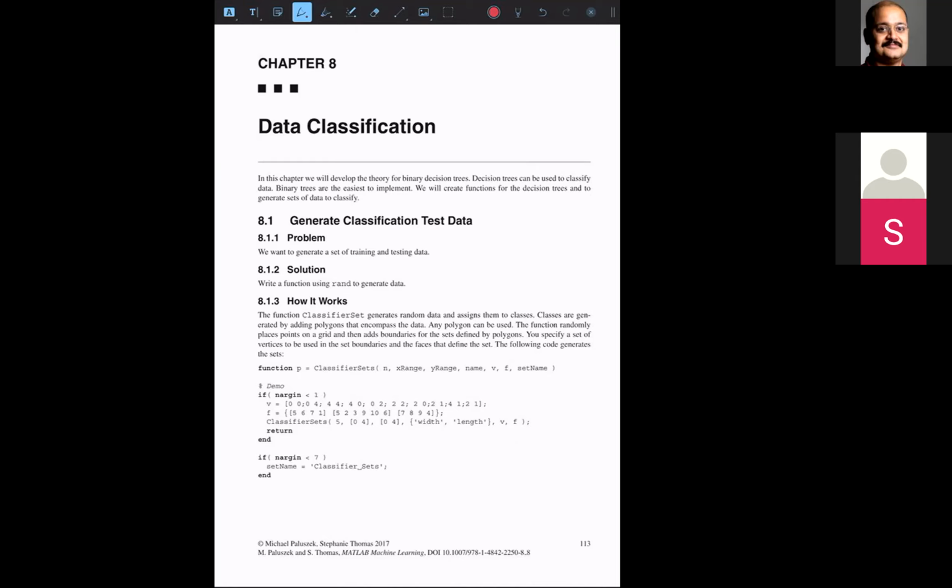Now the next part is the data classification based on the decision tree. But here we are not deciding the threshold or the bounds; looking at the data, the code is going to decide what the separation boundaries are. So this first code is the classifier set that generates random data and assigns it to different classes.